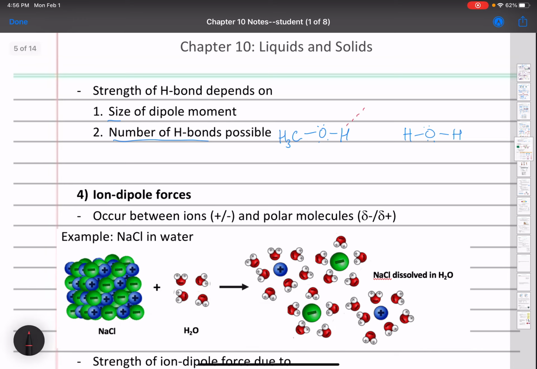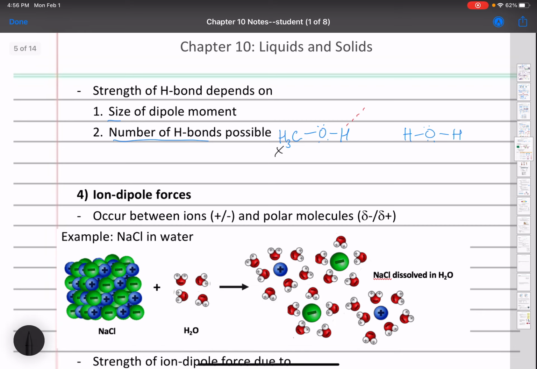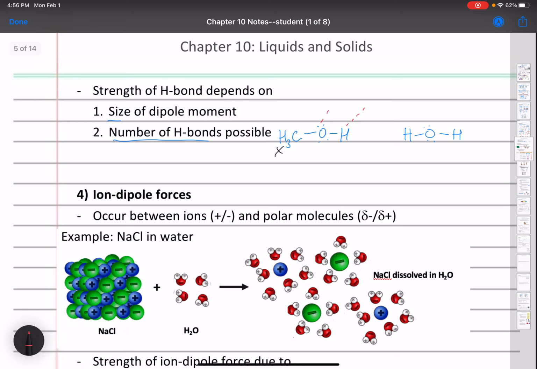This hydrogen here can hydrogen bond because it's attached to an oxygen. All right, these hydrogens cannot. They're attached to a carbon. They are not partially positively charged. This oxygen can also engage in hydrogen bonds. So technically it can engage in two. It has two hydrogen bonding sites. So this one could have a total of 3 hydrogen bonds.